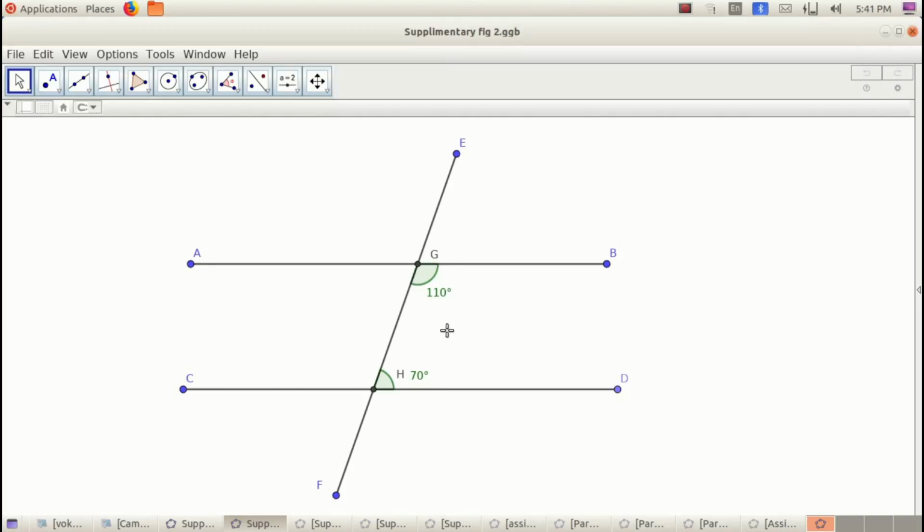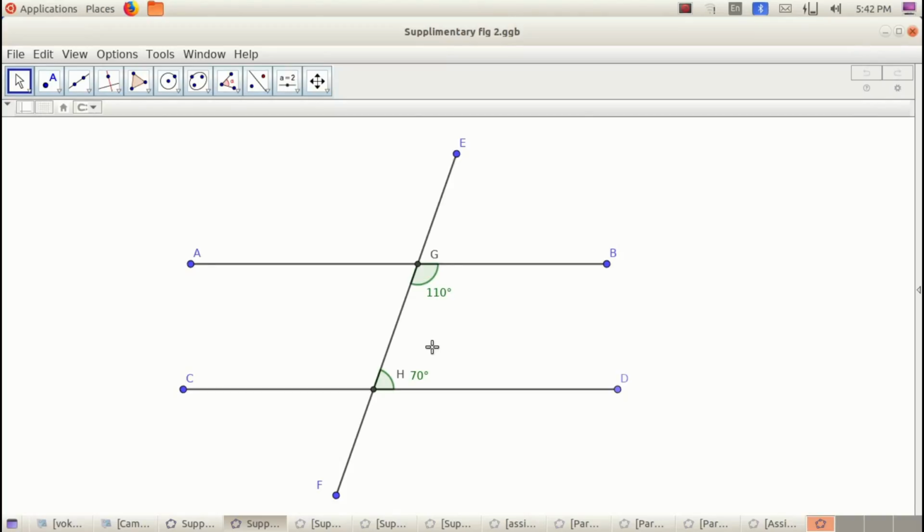And what about the measurement? Here it is 70, here it is 110, and the total measurement is 180. When the sum of two angles becomes 180, we can call those angles supplementary angles.